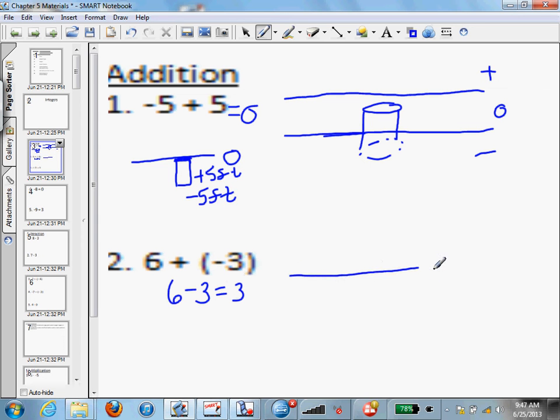Or you can think of it as, first you're at 0, you're at ground level. 6 you start off with, it's a positive 6, so you know you're above 6 feet. And then add negative 3. So you're going to subtract 3 feet. So how many feet are you left with? You're left with just positive 3 feet, or just 3.